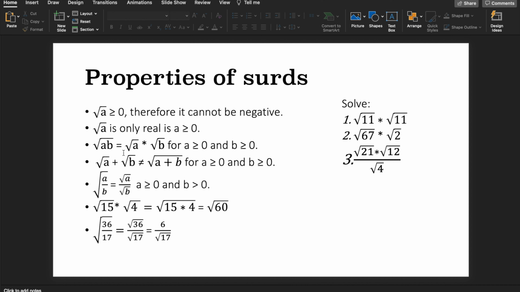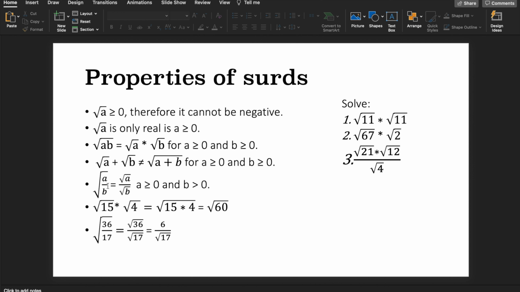Square root of 2 plus square root of 4 is 3.41, and square root of 6 is 2.44, meaning they're not equal. So this property states that square root of a plus square root of b is not equal to square root of a plus b.